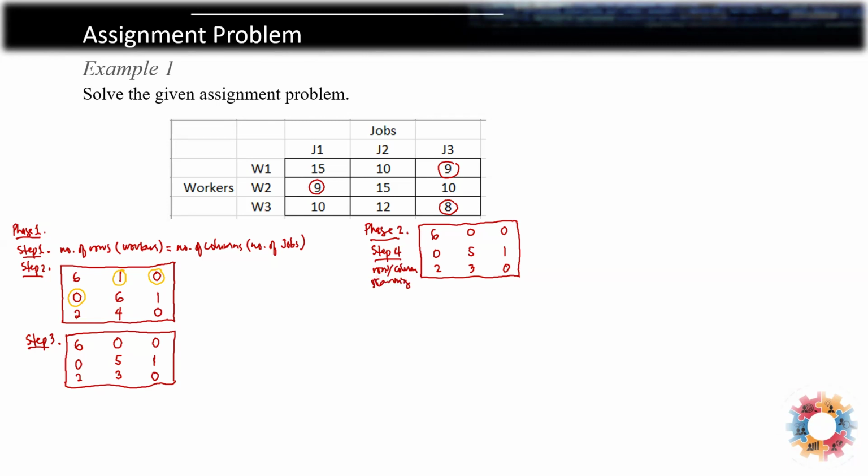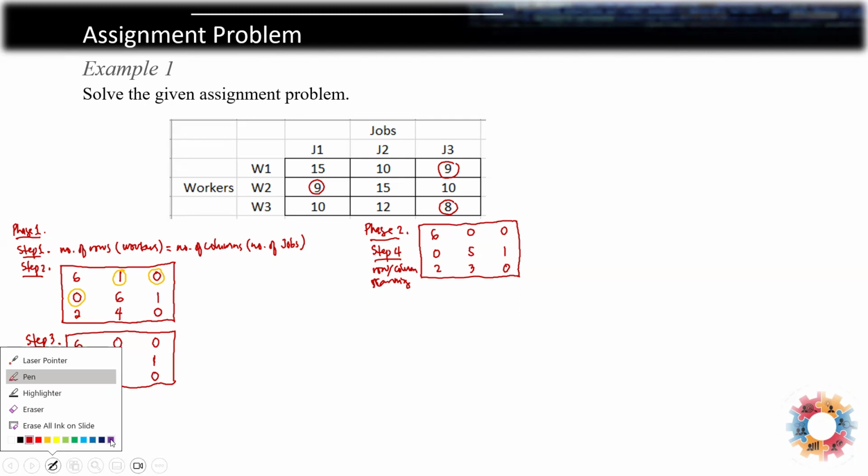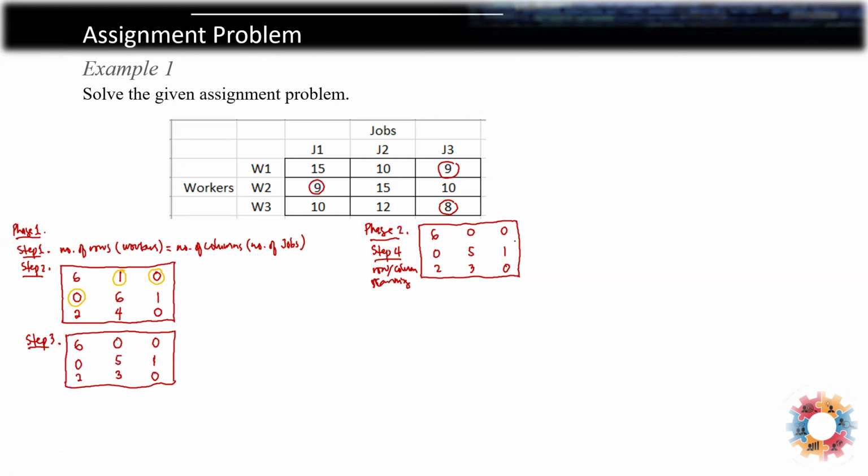Now, how are we going to do that? First, you start from the first row and check if there is only 1 zero in that row. In the first row, we have 2 zeros.